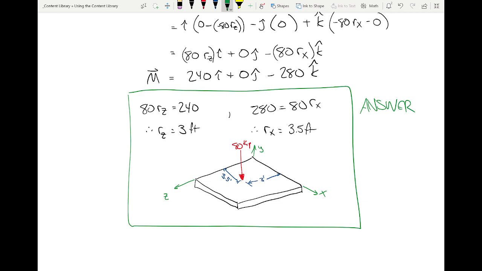Now, the question he asked was, isn't this spot just sort of a weighted average of the four applied loads? The short answer to that is yes, it actually is. Okay? Here's the longer answer.